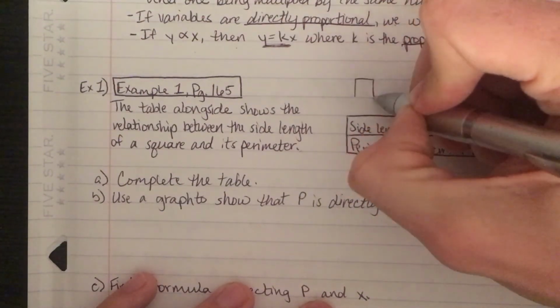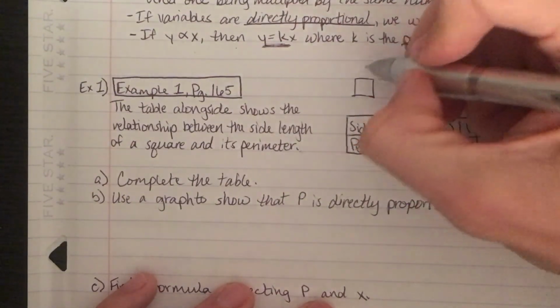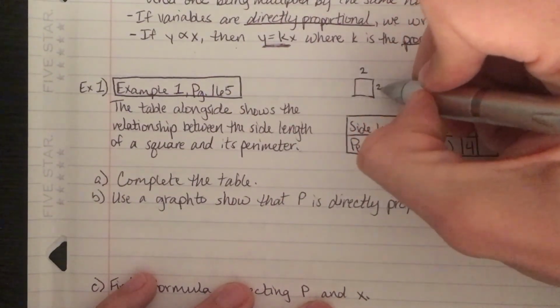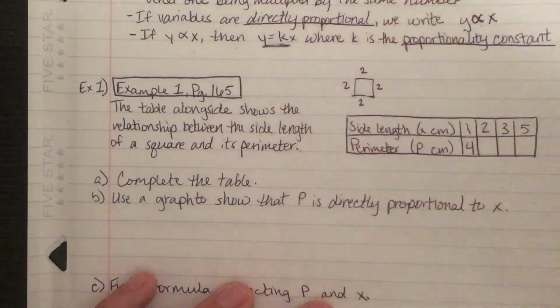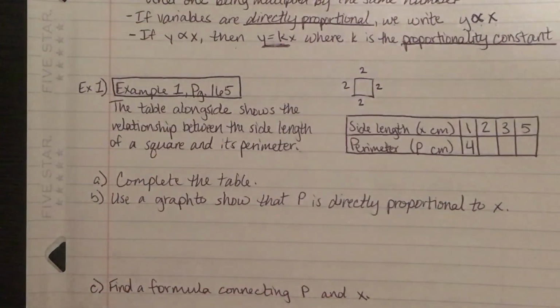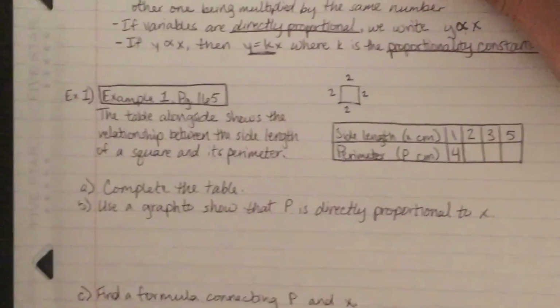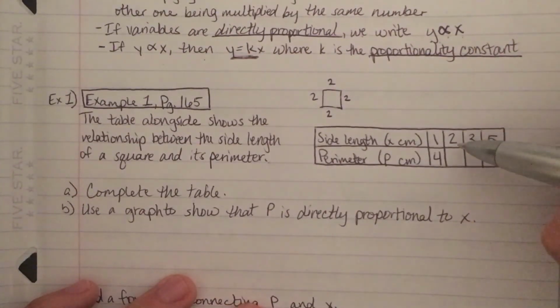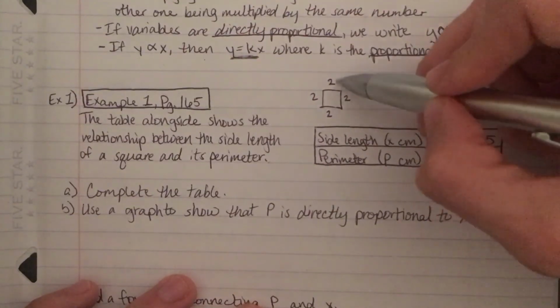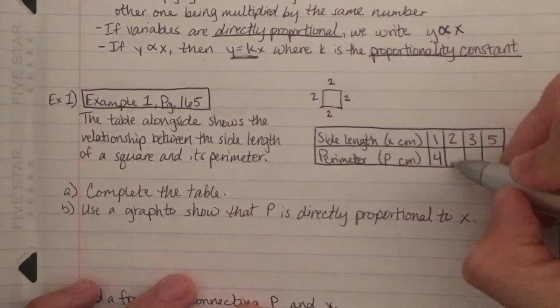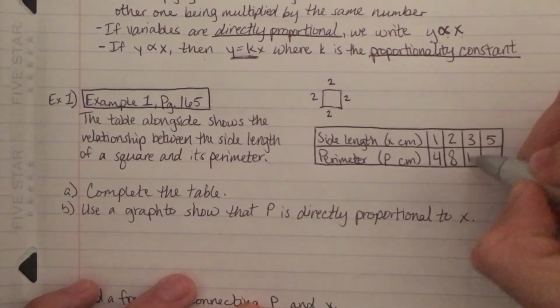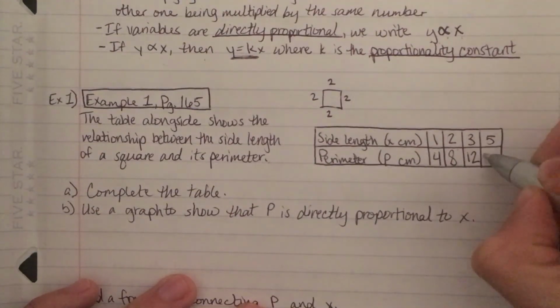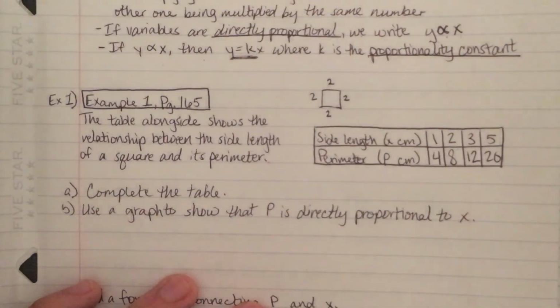As a reminder, the perimeter of a square is you just add up all the sides, but a quicker way is just to multiply the side length by 4. So with a side length of 2, that'd give us 2, 4, 6, 8, a perimeter of 8. 3 would be 12, 5 would be 20.